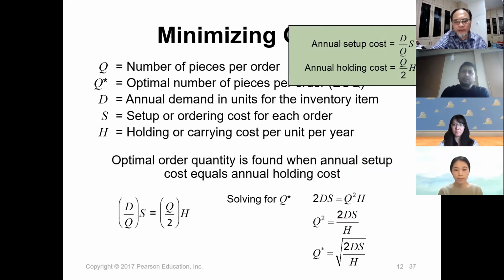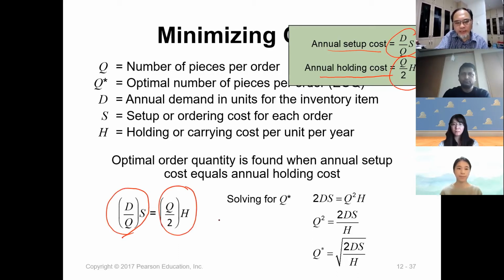Because we say that optimum quantity is when annual setup cost equals annual holding cost, that means D over Q times S equals Q over 2 times H.